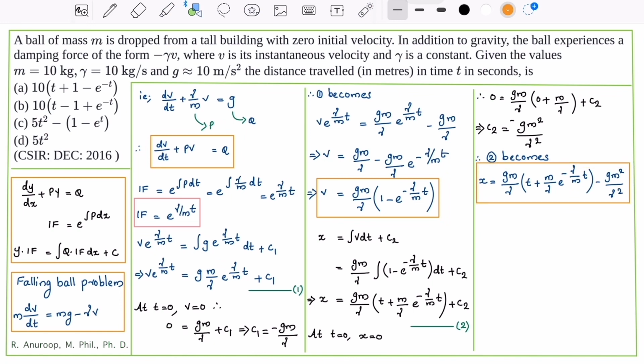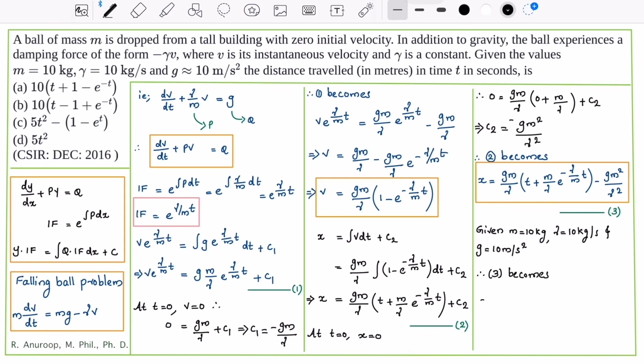Now it is given that the mass m is equal to 10 kilogram, gamma is equal to 10 kilogram per second, g is equal to 10 meter per second square. Therefore, equation 3 becomes x equal to 10 into 10 by 10 within brackets t plus 10 by 10 e raised to minus 10 by 10 into t, minus 10 into 10 square by 10 square.